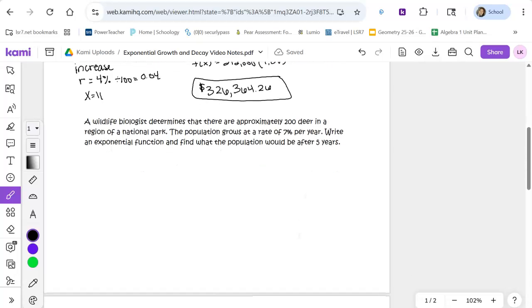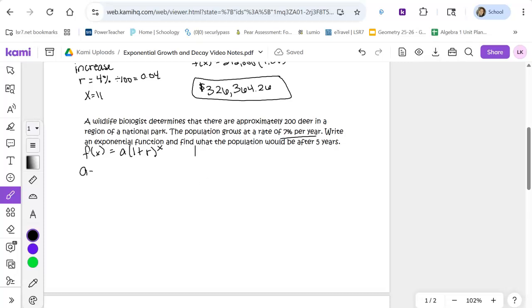So let's look at this one. A wildlife biologist determines that there are approximately 200 deer in a region of a national park. The population grows at a rate of 7% per year. Write an exponential function and find what the population would be after 5 years. So it grows, so it's growth. So I'm going to use this formula: f of x equals a times 1 plus r to the x power.